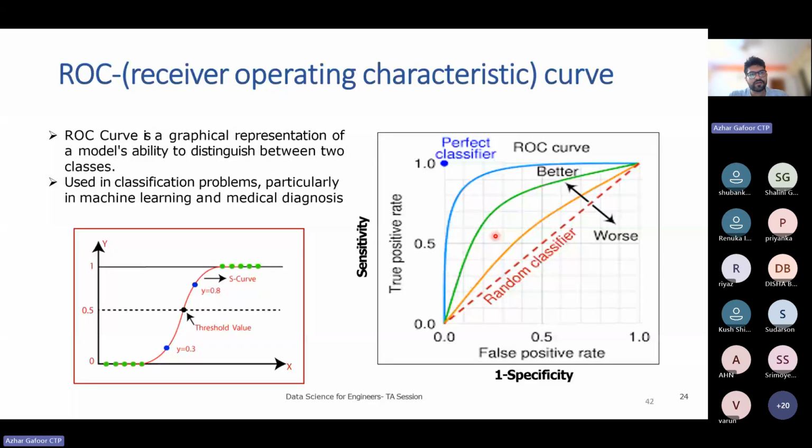So let's say sample A is class 1, and our model predicted the score of 0.9. So its actual class is correctly predicted. Now for the second case, let's say we have another sample B, whose actual class is 0 and the predicted probability is 0.3.